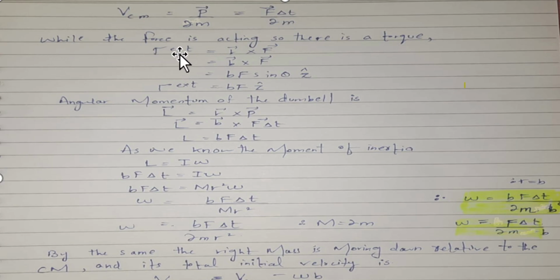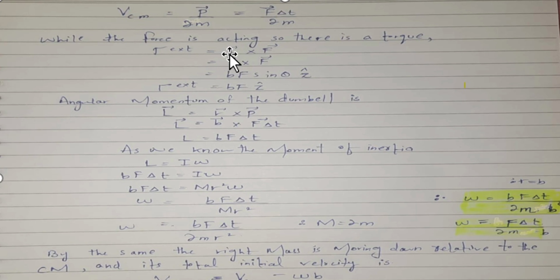The 2m remains the same. Since force is acting, there is always a torque because we deal with a rotational object. The dumbbell is rotated clockwise, so we have to consider some external torque, which is the cross product of the moment arm and the force of action.